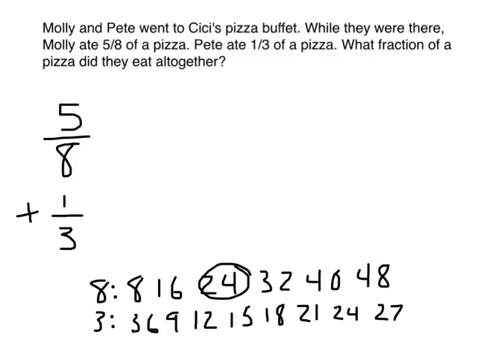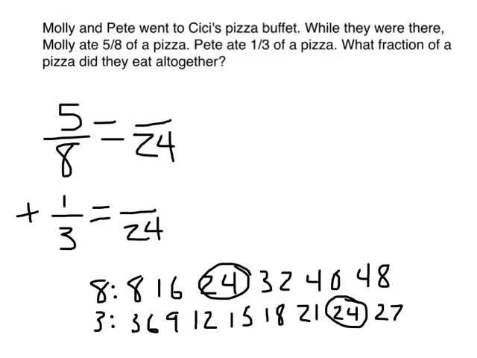The least common denominator is 24. Once I've found the least common denominator, I need to change both fractions so that they have a denominator of 24. How do I change 5/8 so that the denominator is 24? I multiply by 3 in the numerator and the denominator. What's the new numerator? The new numerator is 15. 5/8 is the same as 15 over 24. How do I change 1/3 to create an equivalent fraction where the denominator is 24?